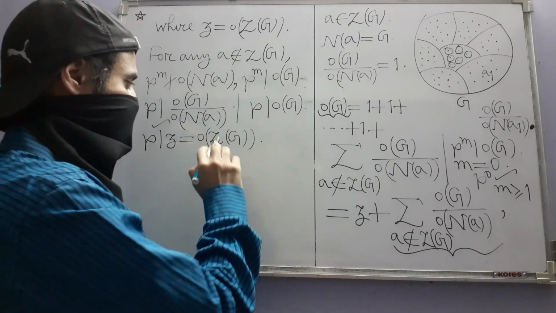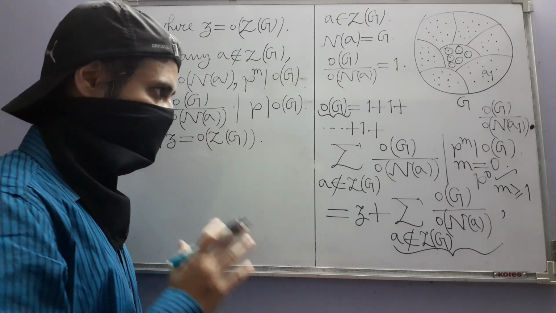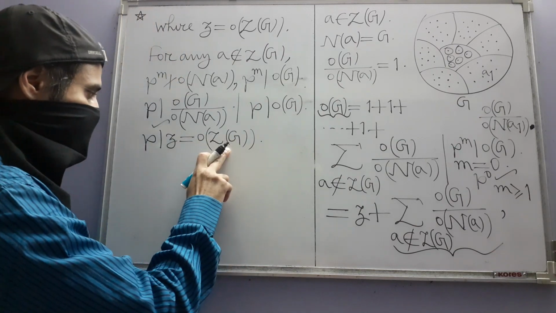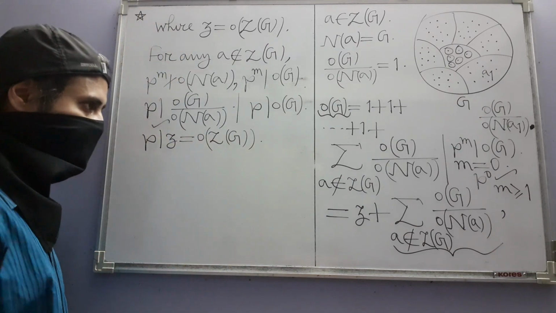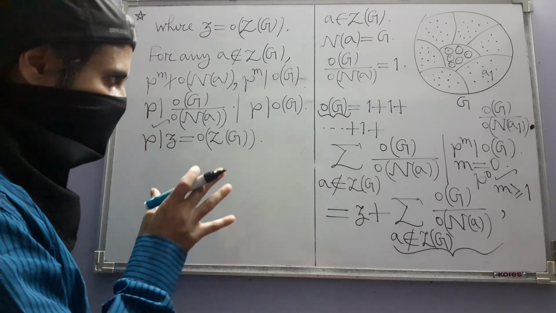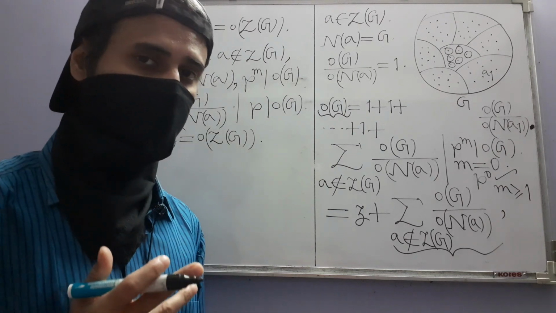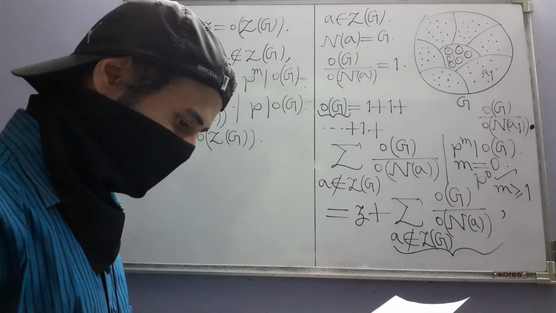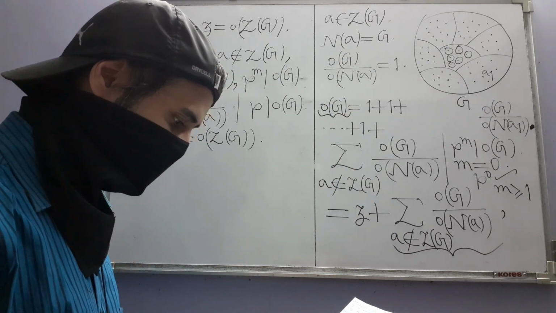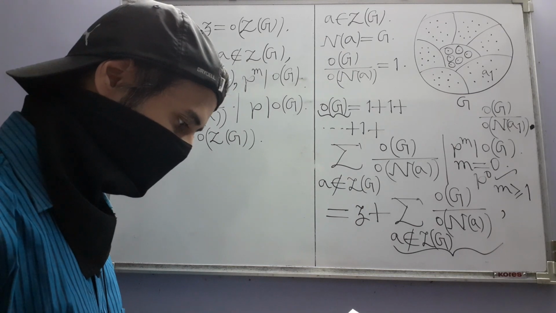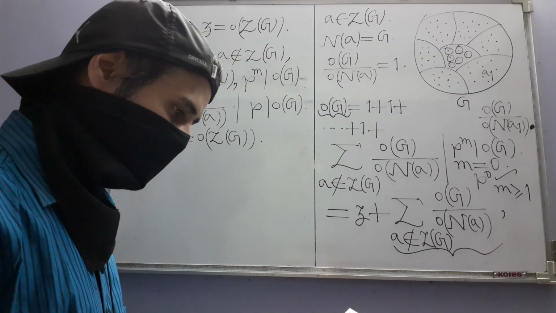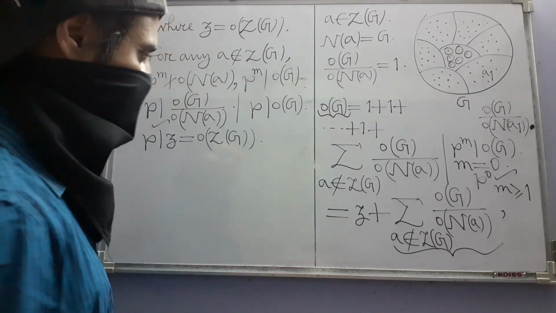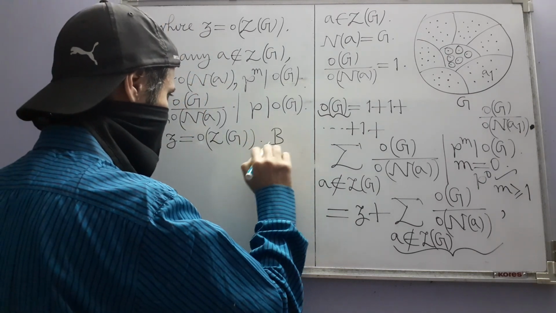But we already know that the center of G is a subgroup of G, so a group in its own right, whose order is divisible by a prime p. So this is a situation in which we can use Cauchy's theorem for finite groups, theorem 2.11.3.